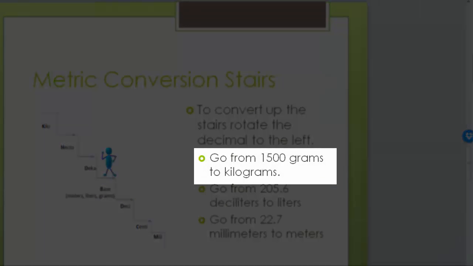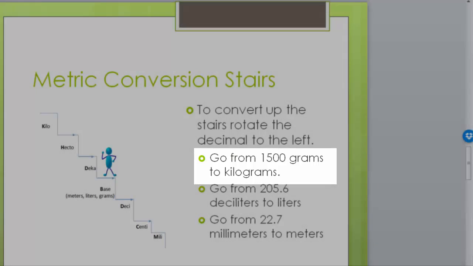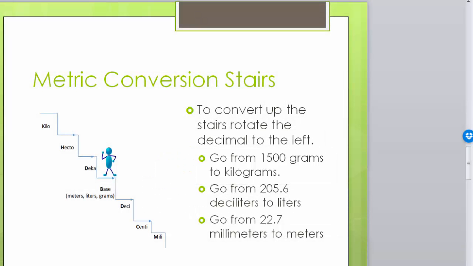If we wanted to go from 1,500 grams to kilograms, what I would do is put my eraser on my pencil, or in this case we're going to look at our little guy, and I'm going to put him on the B for base because that's where grams are. And I want to go from the grams up to the kilograms, or up to the kilo step. So I'm going to take my little guy and count how many times it will take to move him from the base to the kilo step.